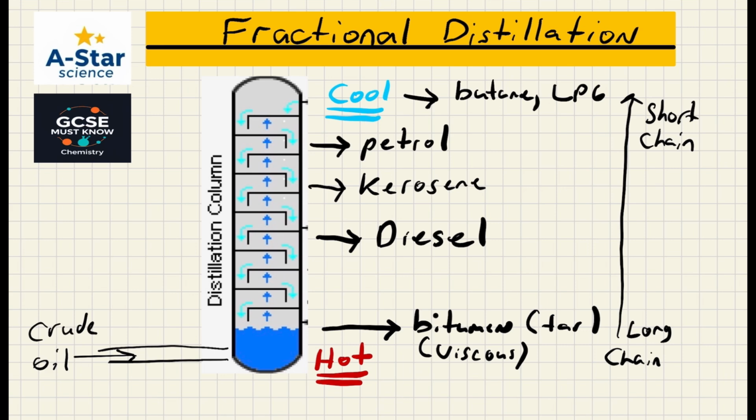And all of that is to do with the decreasing intermolecular forces as you go up the column, which you'll write as IMF. And that means that they require less energy to overcome, less energy to turn into a gas, and they tend to come out at the top of the column.